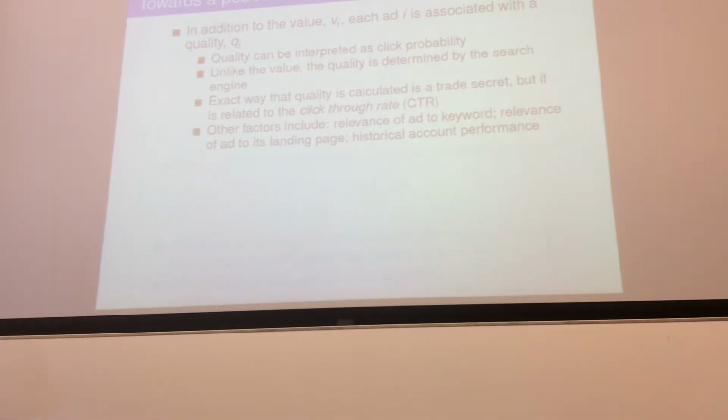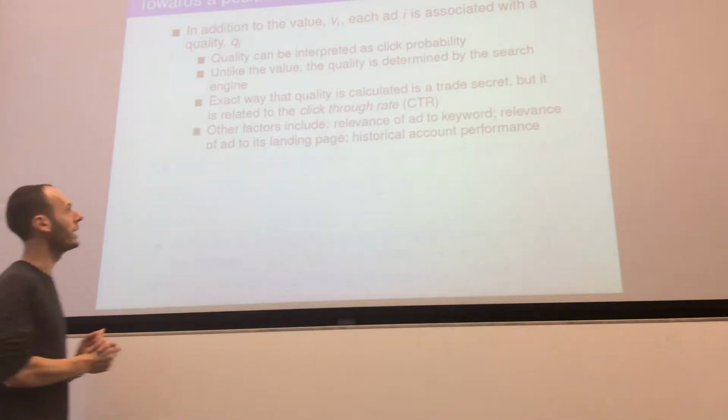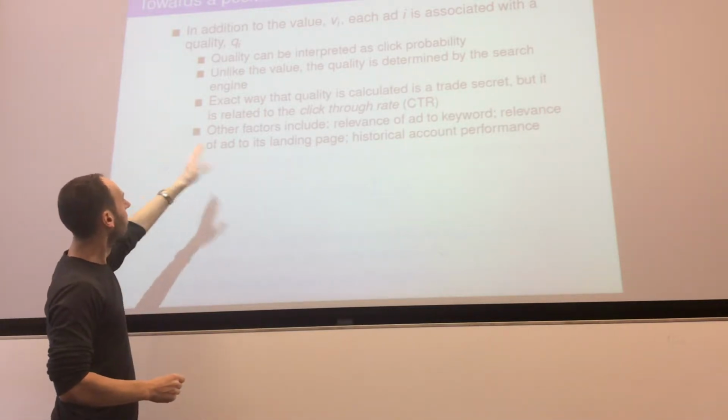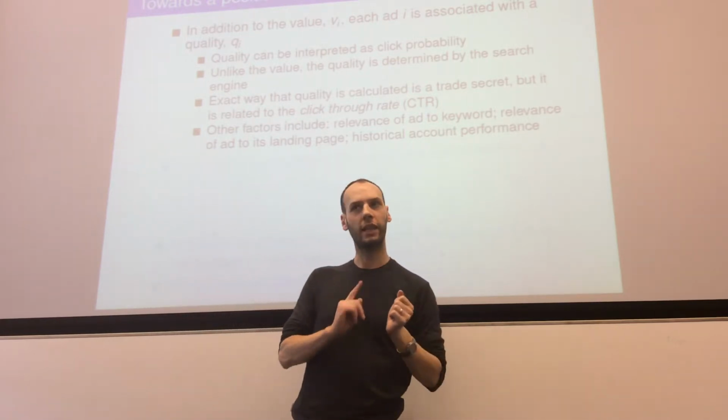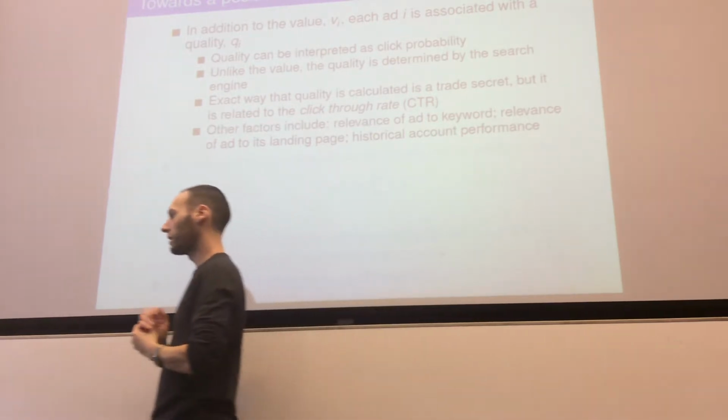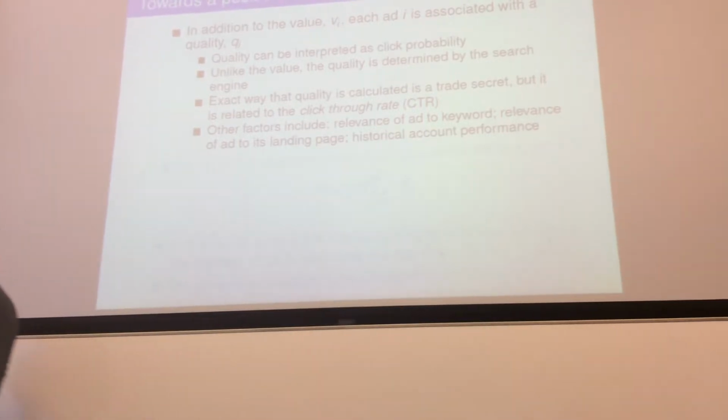Another big one is the click-through rate, the historic likelihood that an ad was clicked. That's the CTR. Based on history, if people clicked on it in the past, they might click again. These ingredients are used to determine the relevance of the ad, so the probability of clicking.